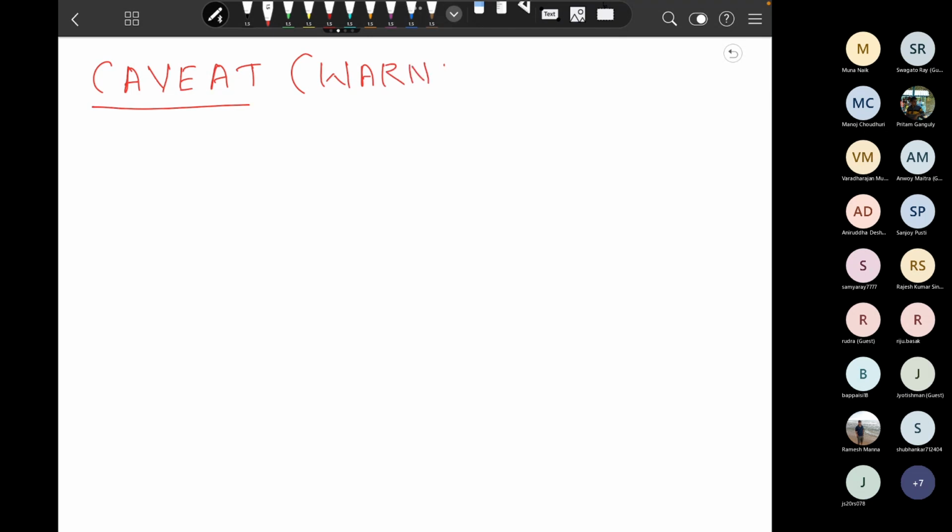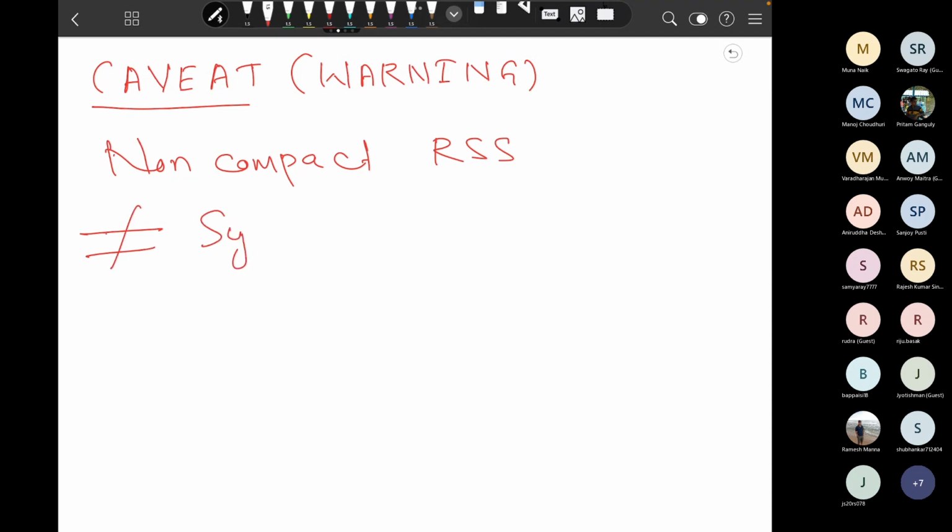In this course, a non-compact RSS doesn't really mean a symmetric space of non-compact type.